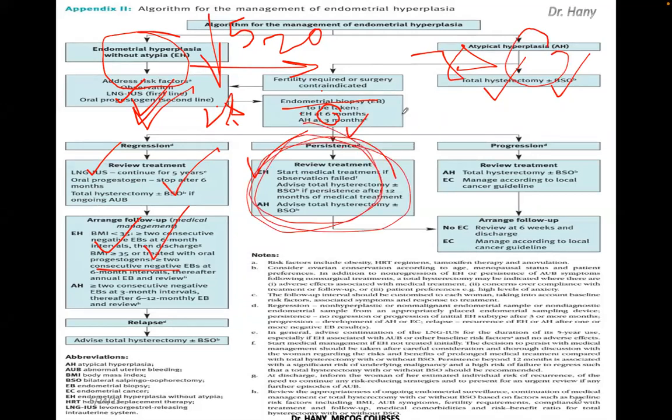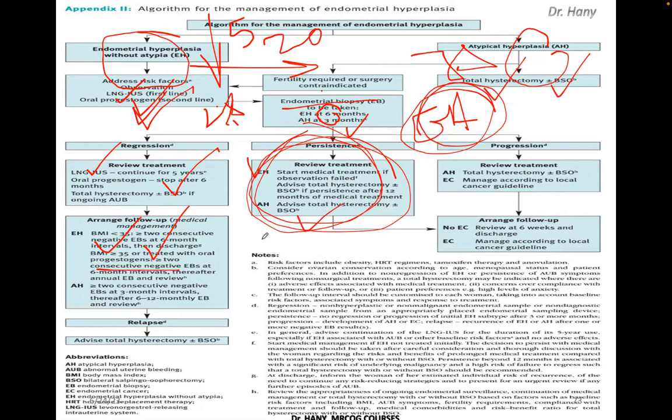So he's telling you the patient presented with endometrial hyperplasia with atypia, treated by Mirena, and after 1 year it is endometrial hyperplasia only without atypia. Hysterectomy, because hyperplasia is still persistent. Persistent hyperplasia with Mirena itself, hysterectomy.